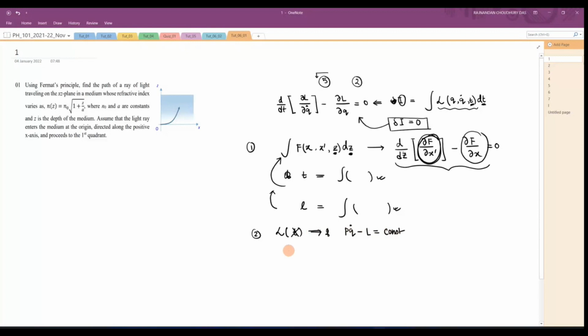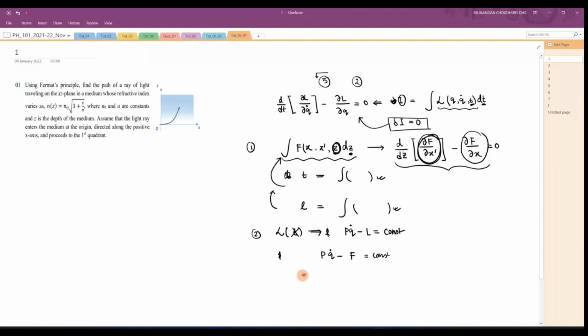Suppose you get an equation like this and you find that your function does not have explicit z dependence. In that case you can simply write p q̇ minus F as constant. These are the two points we will be following today.